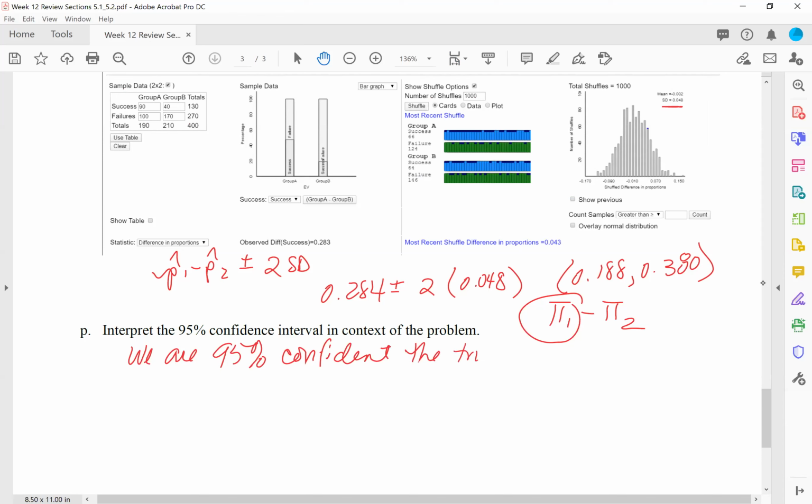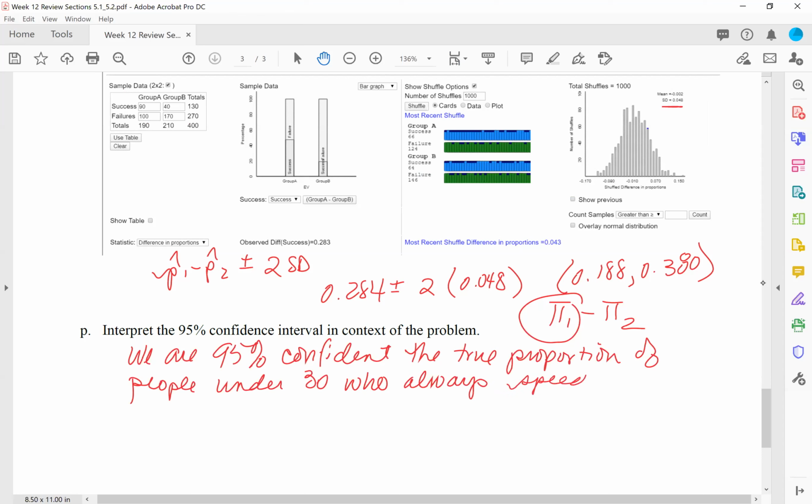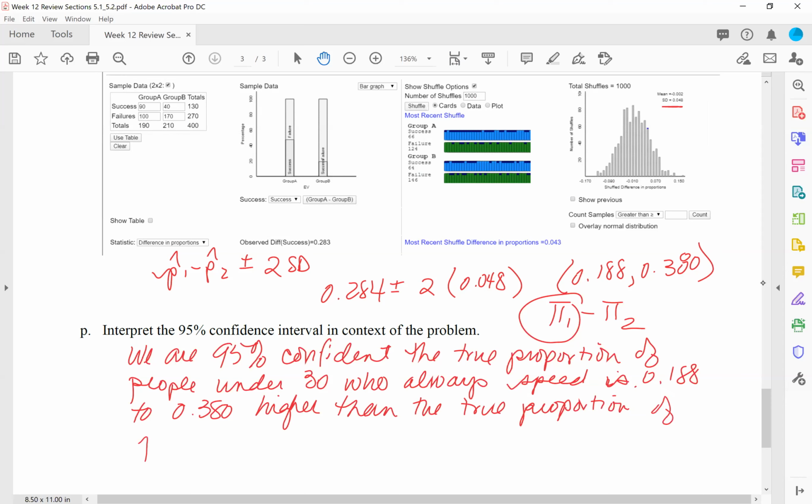The true proportion of people under 30 who always speed is 0.188 to 0.380 higher, because they're both positive, than the true proportion of people over 30 who always speed.